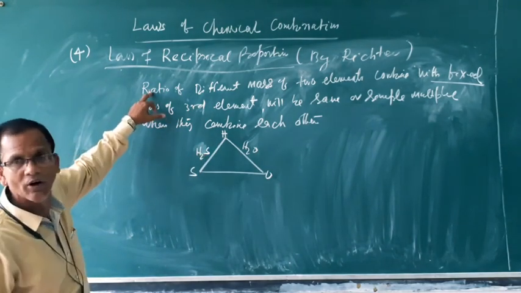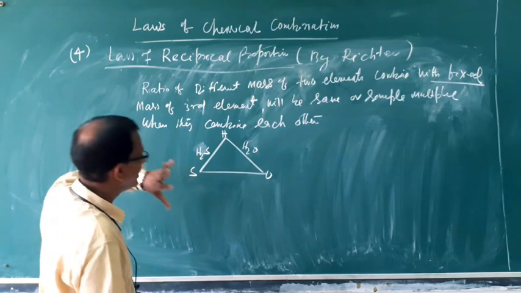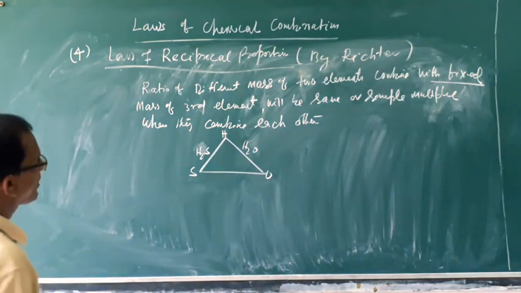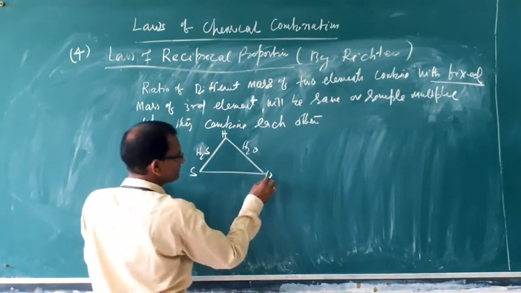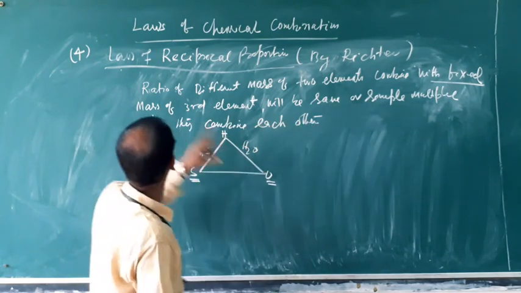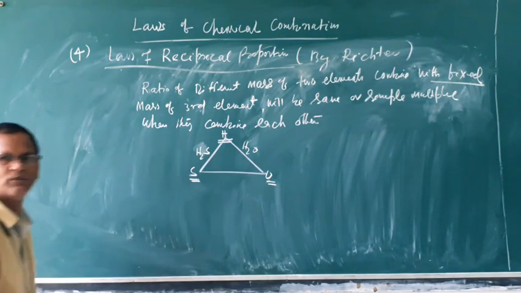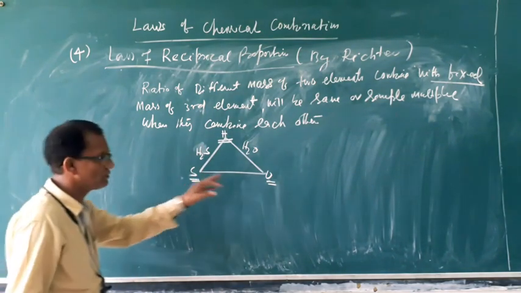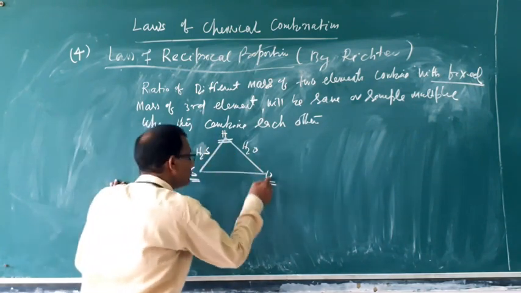You see the law: ratio of different masses of two elements, here sulfur and oxygen, combined with the fixed mass of a third element, taken as hydrogen. You take two elements, sulfur and oxygen. You combine sulfur with hydrogen, and oxygen with hydrogen.